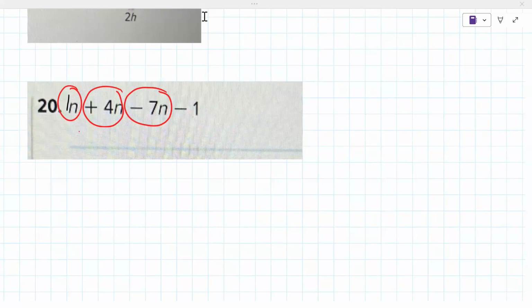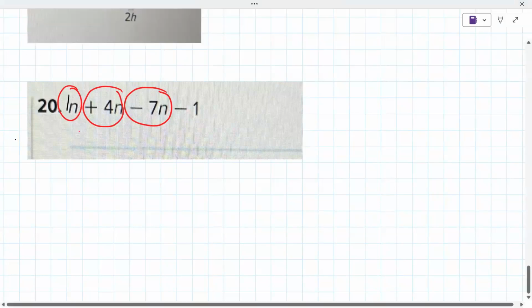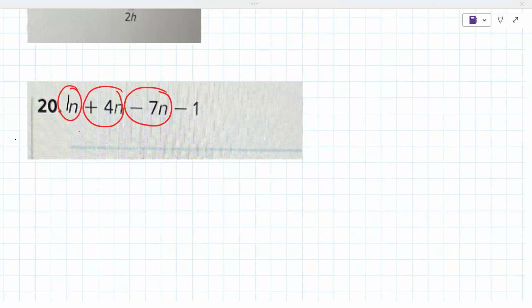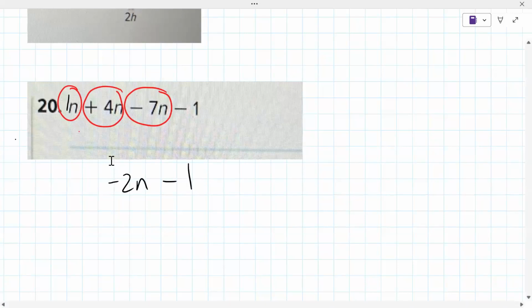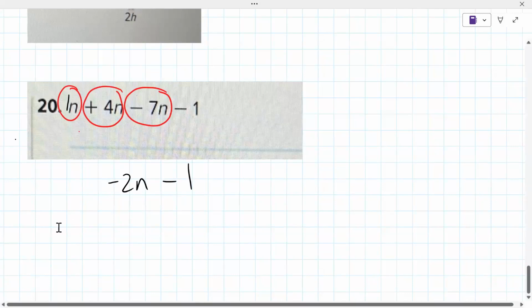What does that become? Negative 2n plus negative 1. Or just minus 1 is okay as well. Yeah. That's why I was wondering if that's what you guys were talking about in class, like positives and negatives.